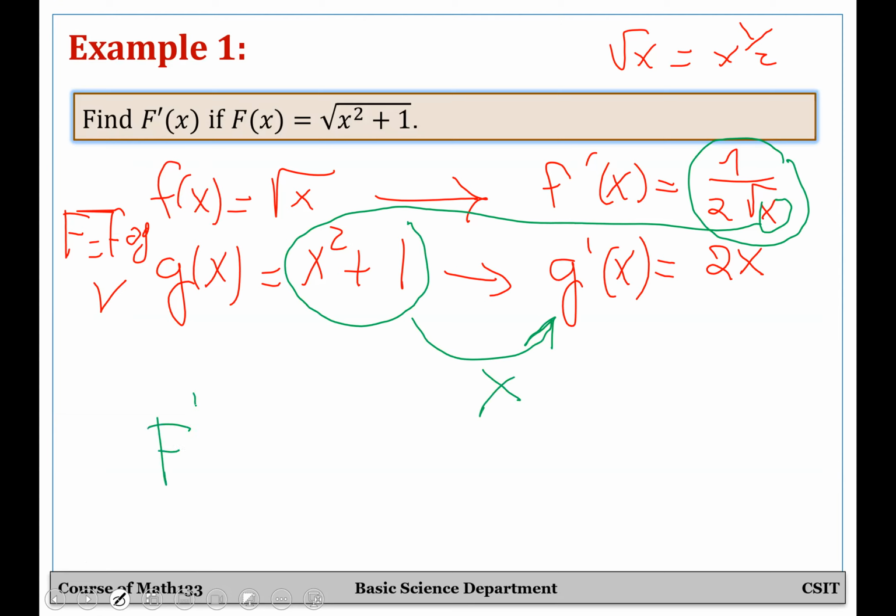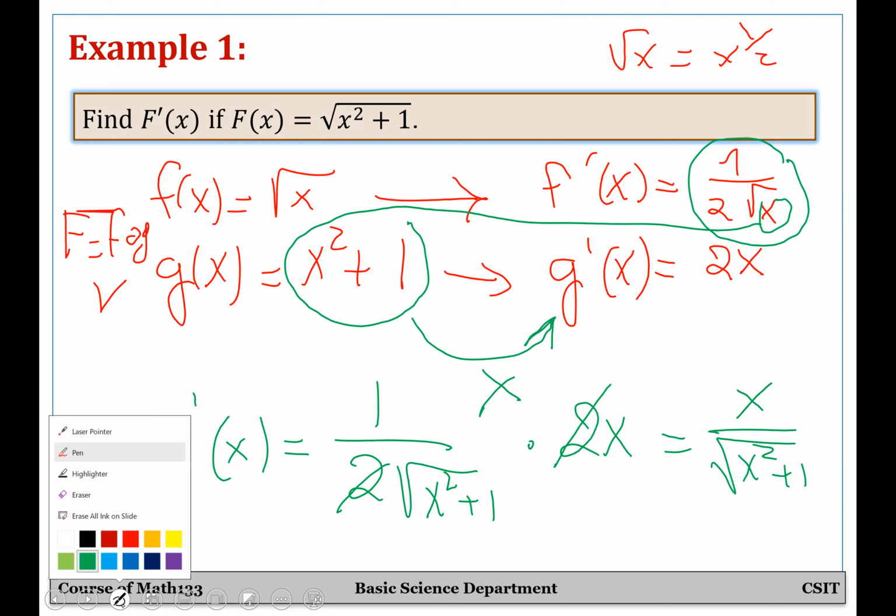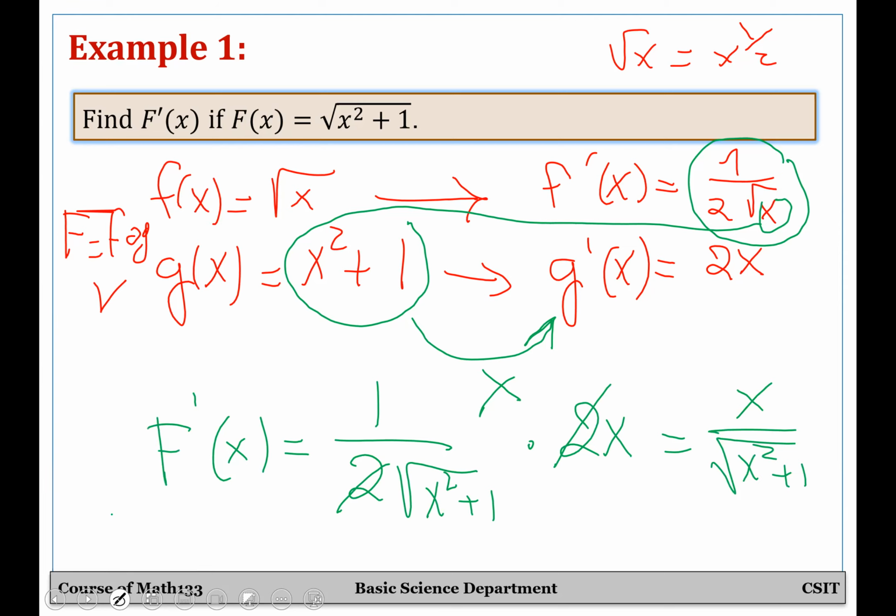So capital F prime will be equal to 1 over 2 root x squared plus 1 times 2x. After simplification by 2, I will get x over root x squared plus 1. Okay, so that's the derivative by application of the chain rule.